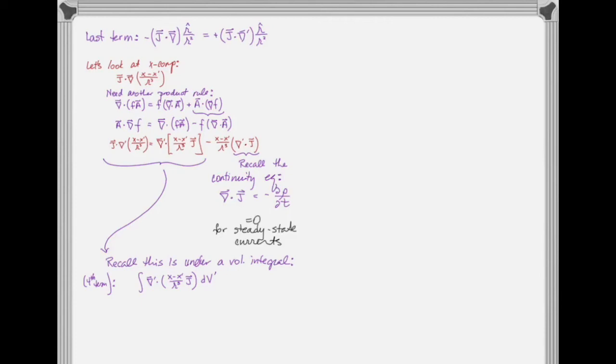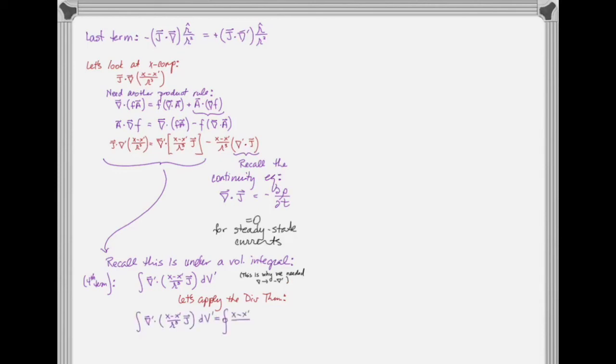I want to use the divergence theorem, and this is what I was saying when I made that swap from del to del prime. This is why, because I can't use the divergence theorem unless the variables that I'm using on both sides of the divergence theorem are the same. That's why I swapped the variables from del to del prime, so that they matched when I used the divergence theorem.